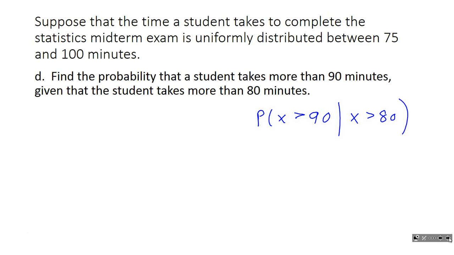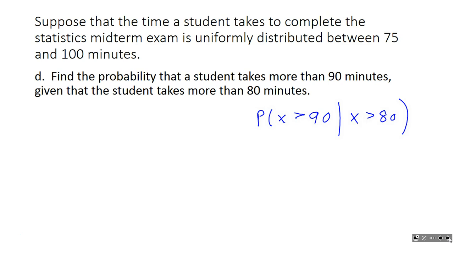Now, one way of looking at this is it's saying, hey, we know that 75 or 76 or 77 minutes won't happen because we already know that it's at least 80. Now, conditional probabilities always affect your sample space.